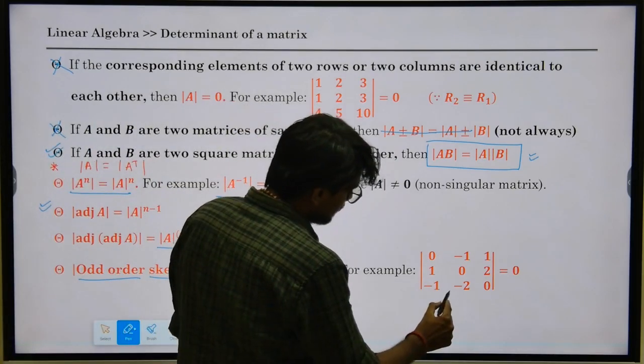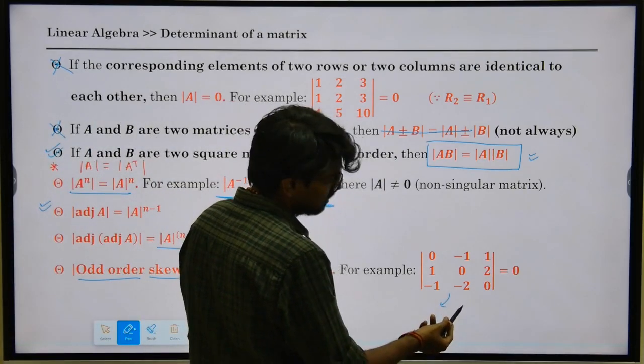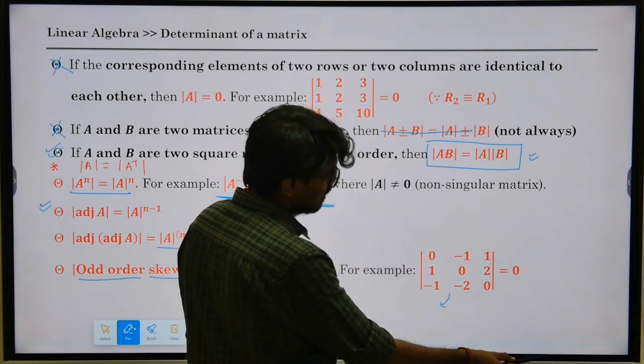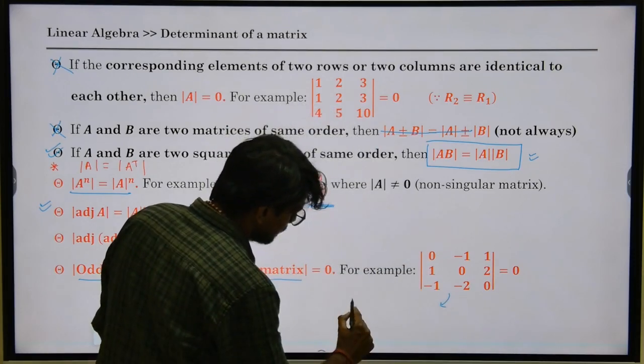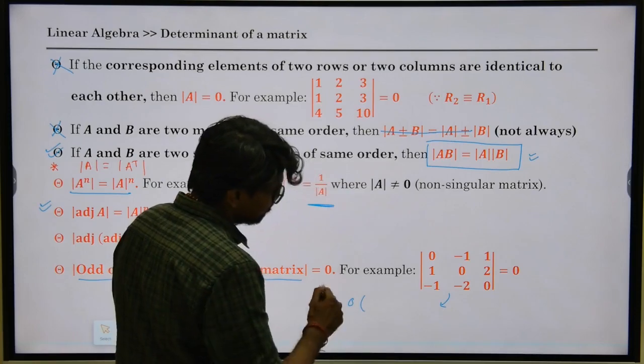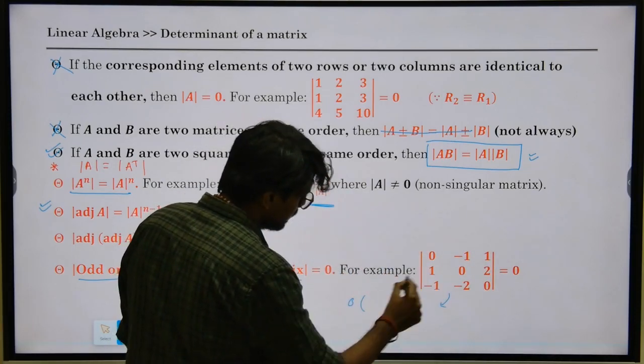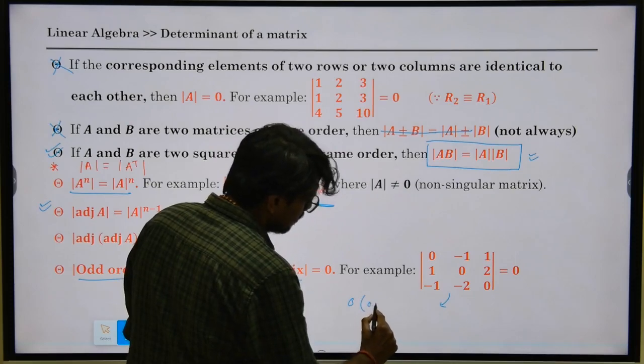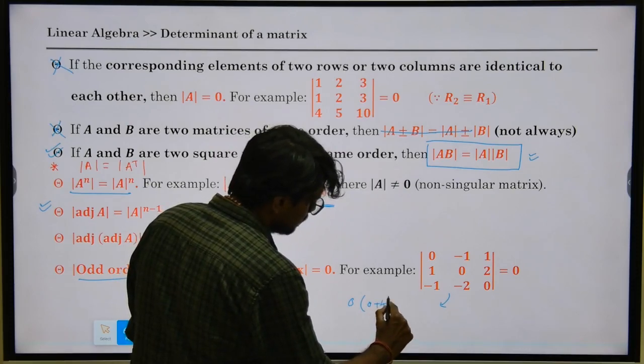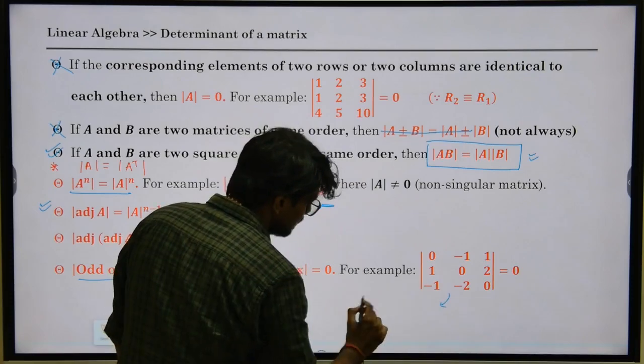Okay, so we can do the determinant for this, right? So skew symmetric matrix, diagonal is 0. So determinant for this is what? If I apply it about the first row, 0 into 4, anyway, that is going to become 0, right? Okay, 0.